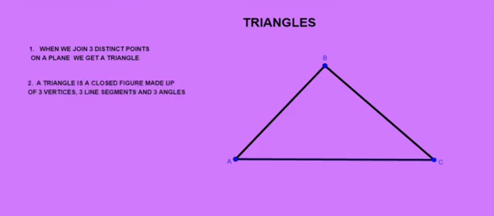A triangle is a closed figure made up of three vertices: vertex 1, vertex 2, vertex 3, and three line segments: first line segment, second line segment, and third line segment, and three angles. Look at here, three angles are there: first angle, angle 2 and angle 3.